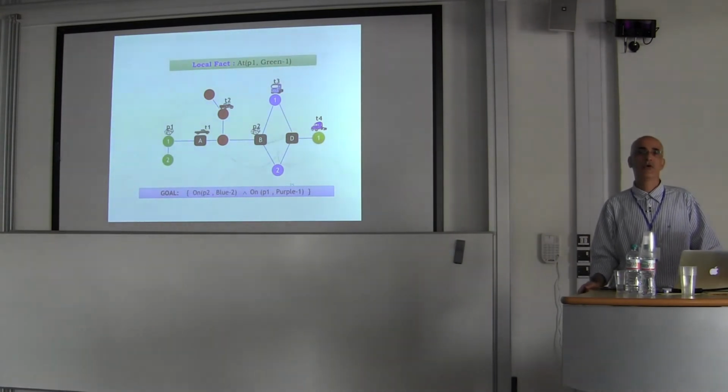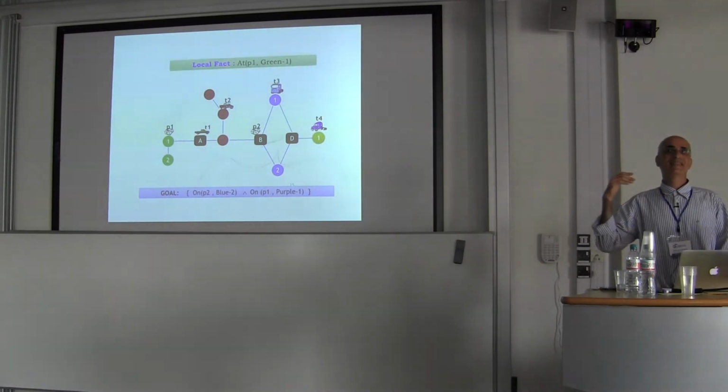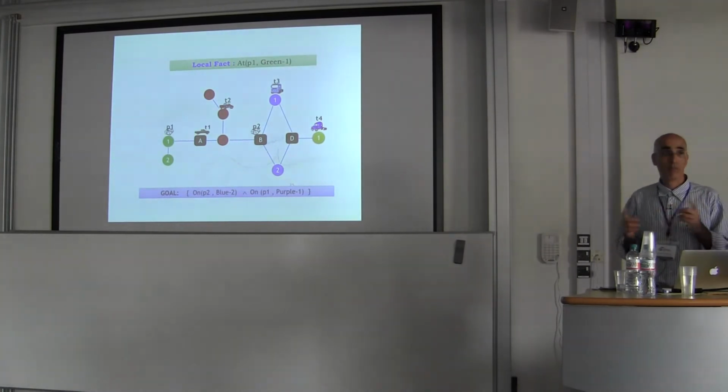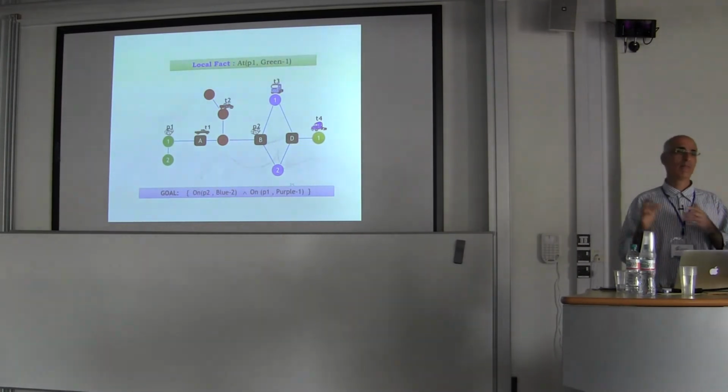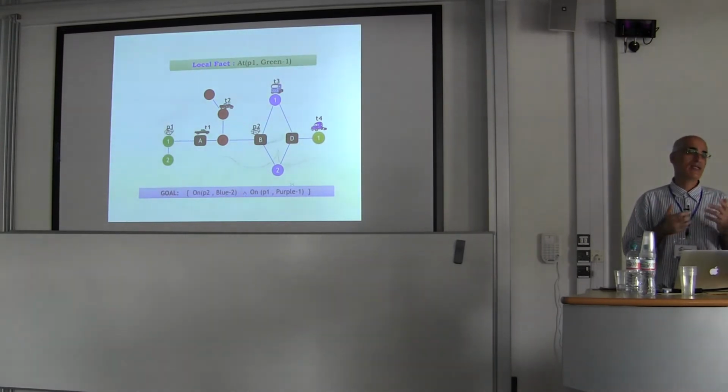Right, and so this issue of privacy and local and global facts we're going to use in the algorithm, but it's also a way for us to capture private things.